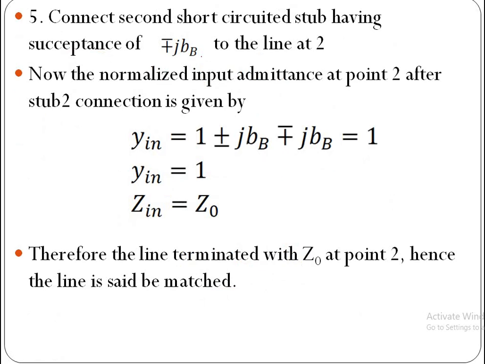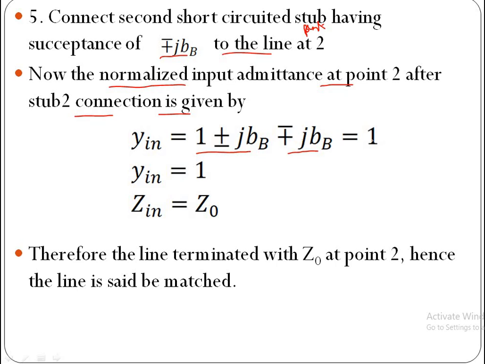Connect the second short circuited stub having susceptance of minus or plus JB to the line at point 2. Now the normalized input admittance at point 2 after stub 2 connection is given by, now stub 2 is connected. Stub 2 susceptance is also added and these two are cancelled, we are getting 1. So now Yn is equal to YB plus susceptance of the second stub.